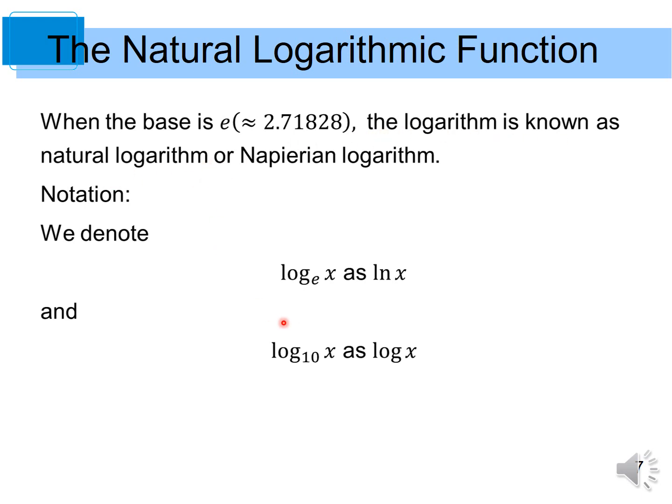For example, when we have log of x with base e, around 2.7, it can be written as natural logarithmic function of x. And if we have log of x with base 10, this is a common base, so you can just write log of x.